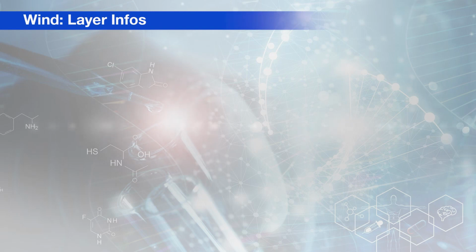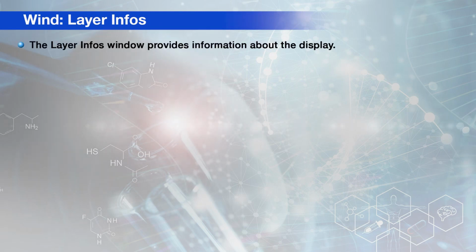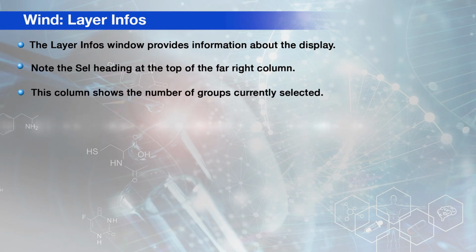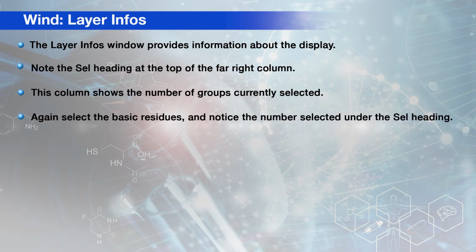Window, layer in force. The layer enforced window provides information about the display. Note the cell heading at the top of the far right column. This column shows the number of groups currently selected. Again, select the basic residues and notice the number selected under the cell heading.